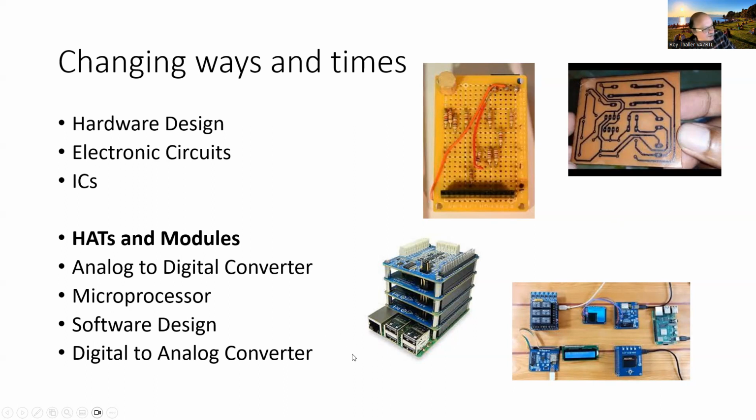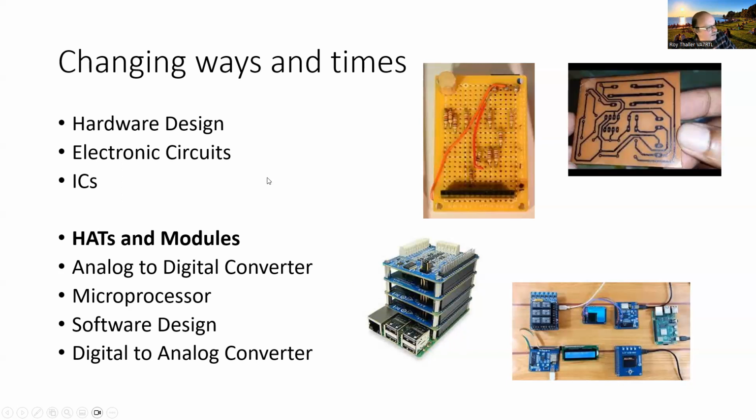These days you have your Raspberry Pi here, for example, and you have various hats that you stack on top of it. Each one of these hats can perform a different function. And here's an example of a Raspberry Pi connected to various different modules. All of these modules do different things, and you run wires back and forth. Basically you program the software in your microprocessor to turn on a light or to dim a light. So that's the way it's done these days.